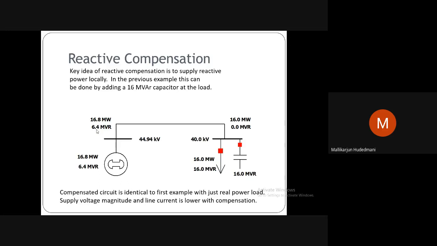So therefore, local compensation by local insertion of a compensating component is very superior. Locally 16 MVAR is adjusted here and active power is received. No doubt to reach this active power there must be an active power drop as well. You can see 16 megawatt is received, 16.8 megawatt is pumped. 0.8 megawatt is still a loss in this line due to its resistance and other drops.